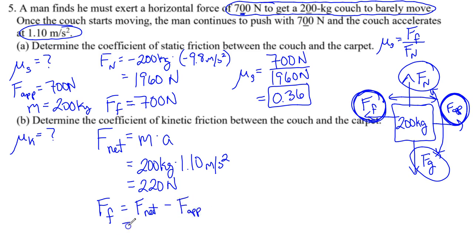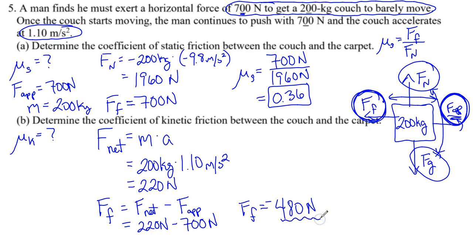So the force of friction is equal to 220 newtons minus the applied force, which is 700 newtons. That's what we've been using all along. So that means my force of friction is 480 newtons. Technically it's negative 480 newtons, but it's 480 newtons to the left, so we are just going to look at it in terms of its magnitude. The magnitude of the force of friction is 480 newtons.